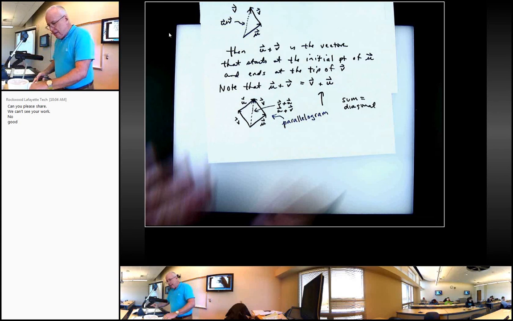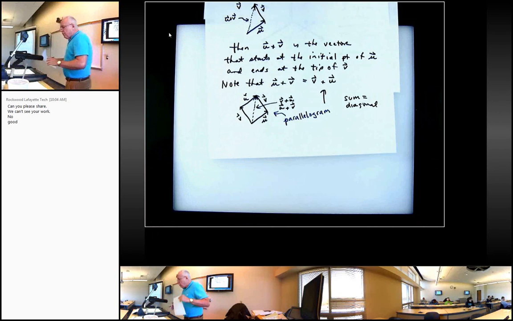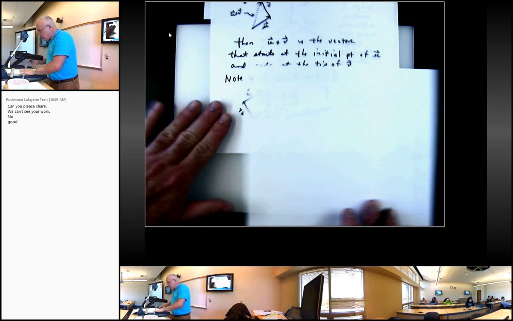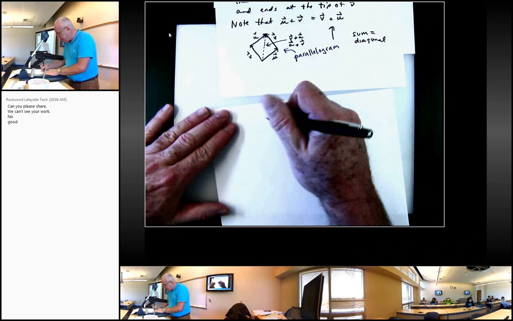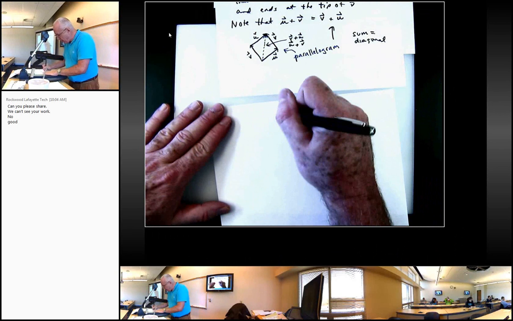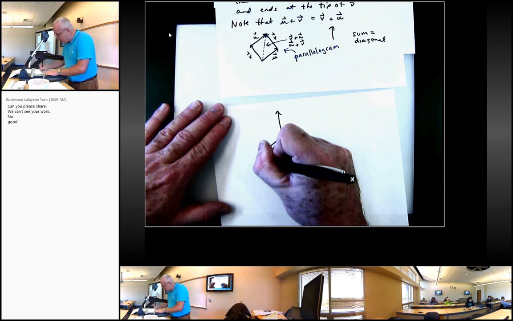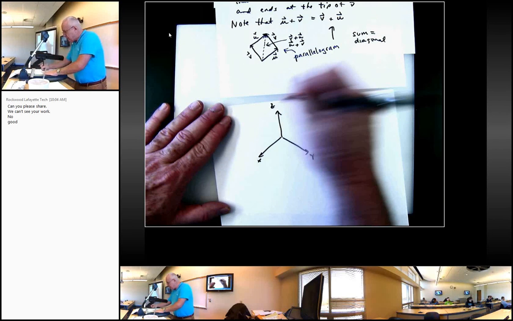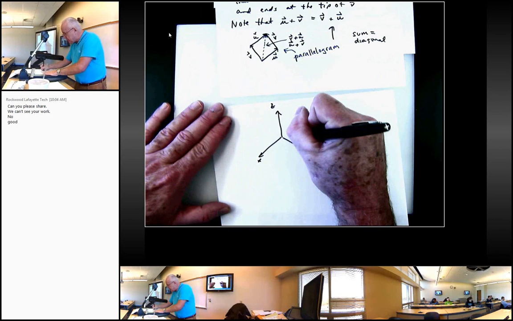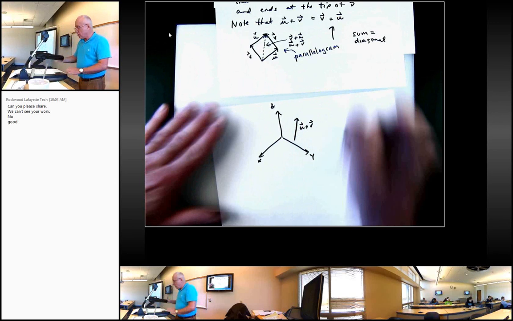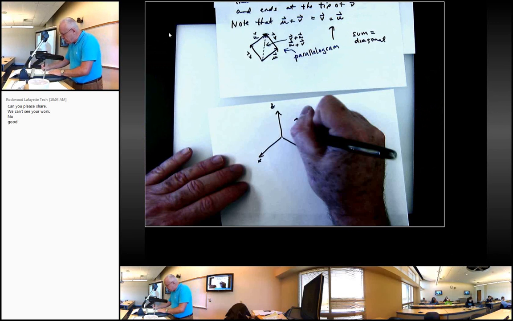And again, don't feel that u plus v has to be stuck in this one spot in space. So basically, x, y, z, let's see, u plus v kind of looked like this. Or we could also have said this is v plus u.